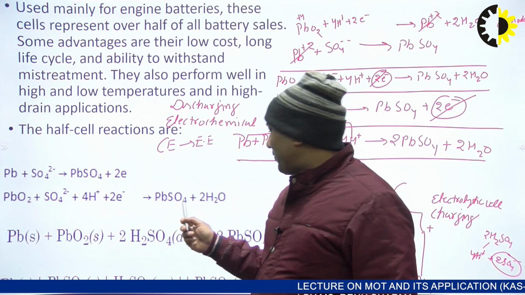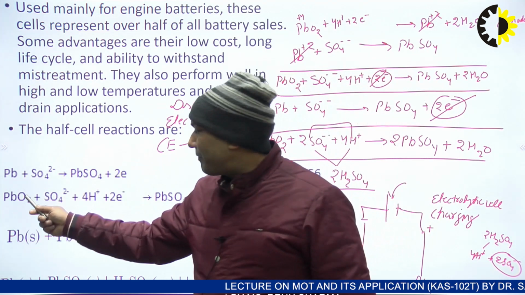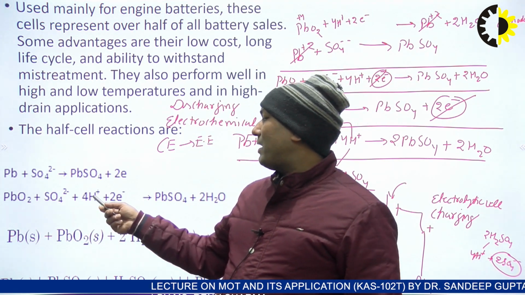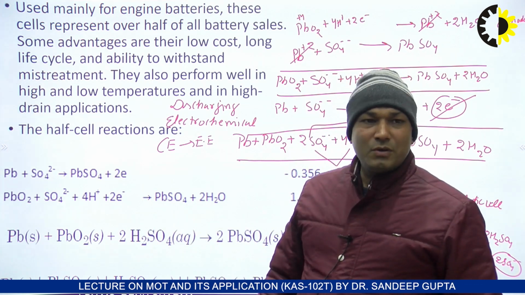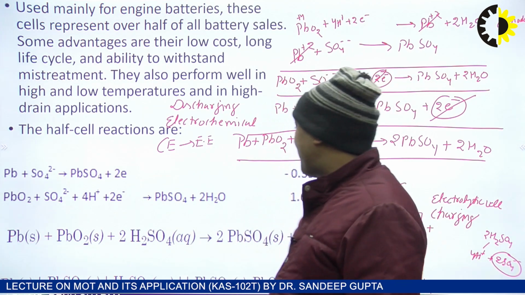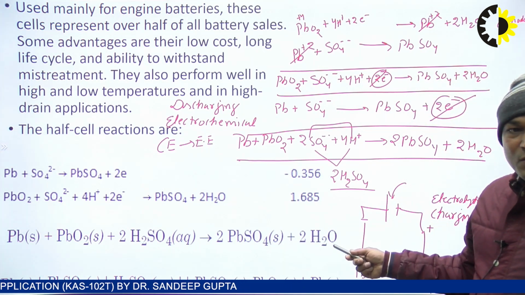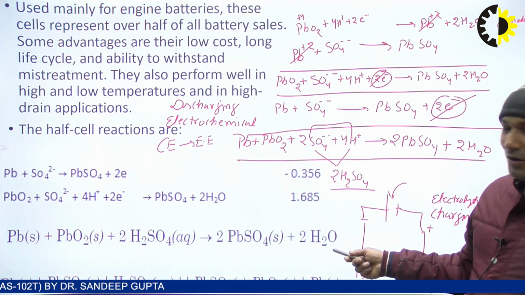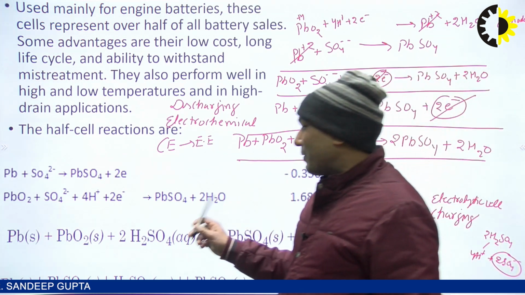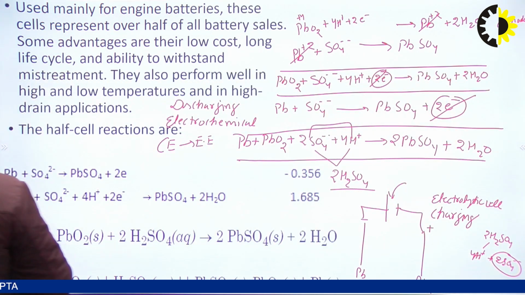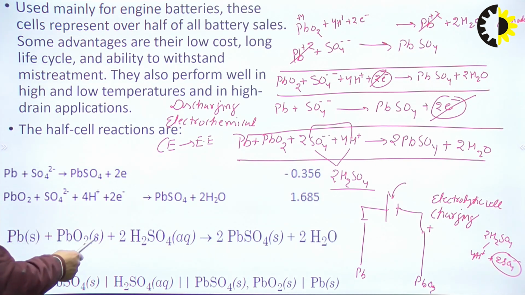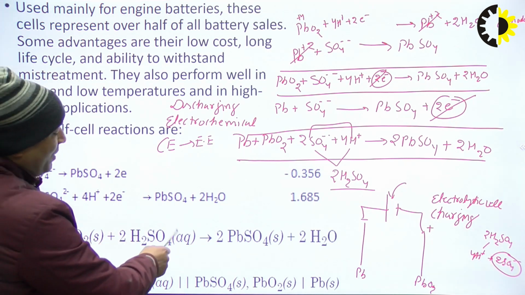And PbSO4 plus 2H2O forms PbO2, sulfate ion, 4H ion and 2 electrons. So the net cell reaction will become 2 PbSO4 reacting with 2 moles of water, producing lead solid, lead oxide solid, 2H2SO4 aqueous.